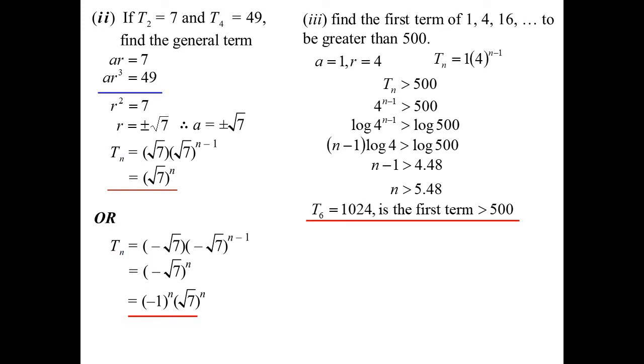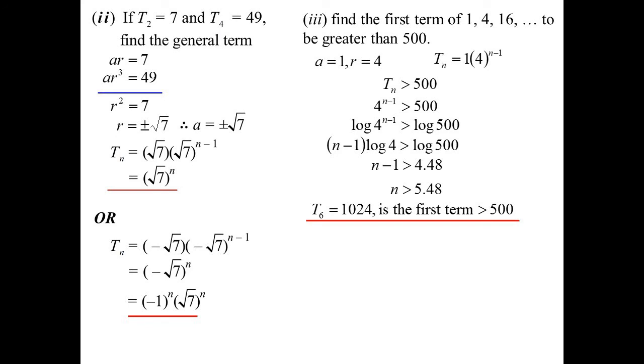N has to be an integer, so the first one bigger than 5.48, well, that would be when n is equal to 6. So the sixth term, which turns out to be 1024, would be the first one bigger than 500. So similar sorts of questions for the arithmetic one. It's just now that we're multiplying the terms instead of adding a constant amount to the terms.